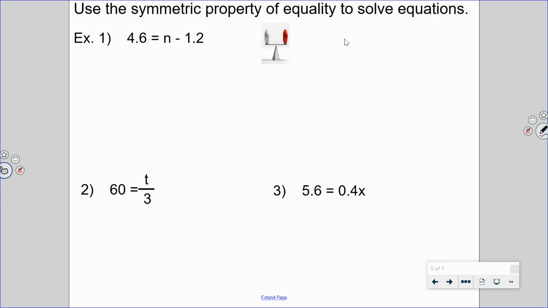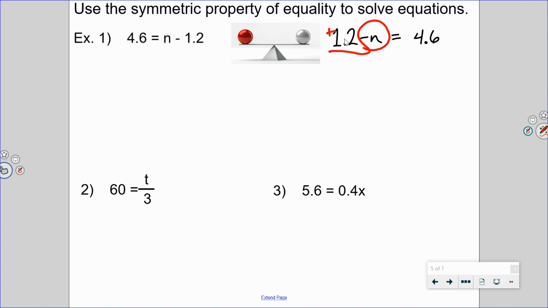See, I'm absolutely okay with you switching around an equality statement. But when you do so, you must be careful not to change both sides of that equality. Here's what I mean. I don't doubt anybody has any problem with writing 4 and 6/10 down, but I have seen in the past students write the following, and that is not going to fly, ladies and gents. Just look at what you see here, where you see a negative n and a positive 1 and 2/10.